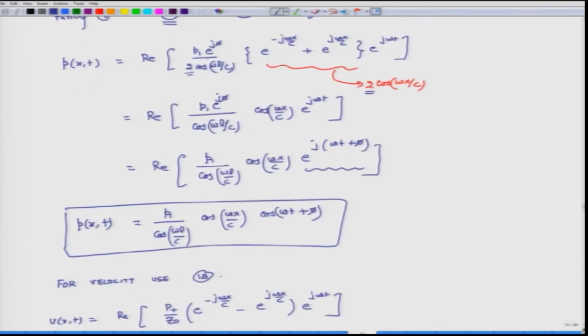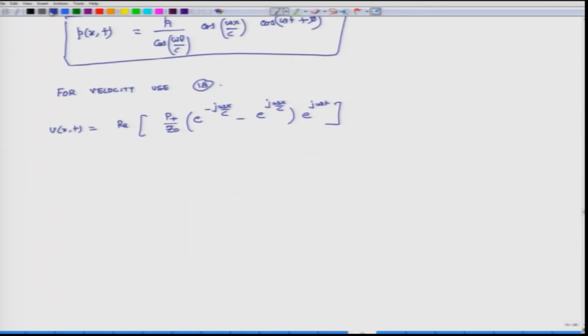And now we are going to put in the value of p plus, which is real of p1 e to the j phi divided by 2 cosine omega L over c. That is my p plus.